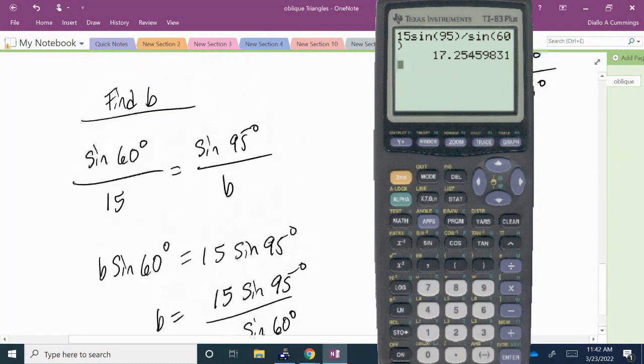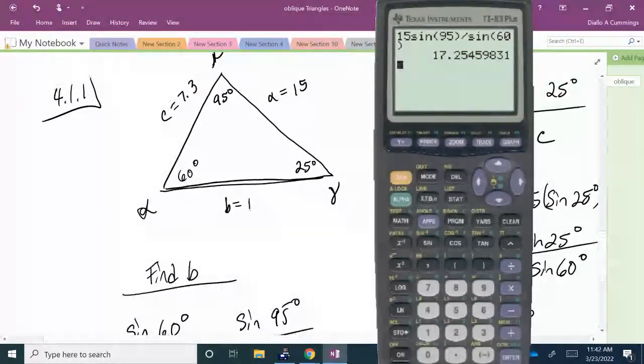Right, that gives us 17.3. So B is 17.3. All right, so we have solved the oblique triangle.